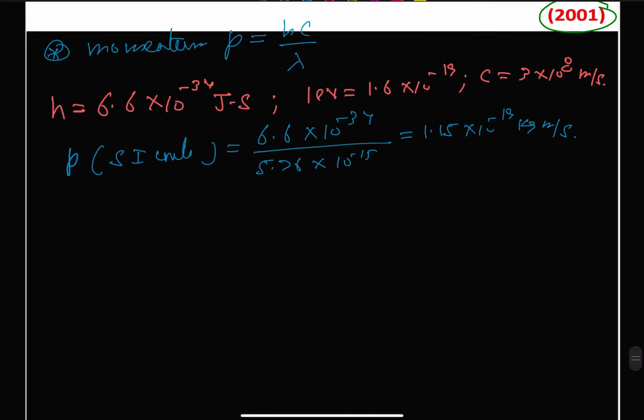Now we are going to convert this P into mega electron volt divided by c units.